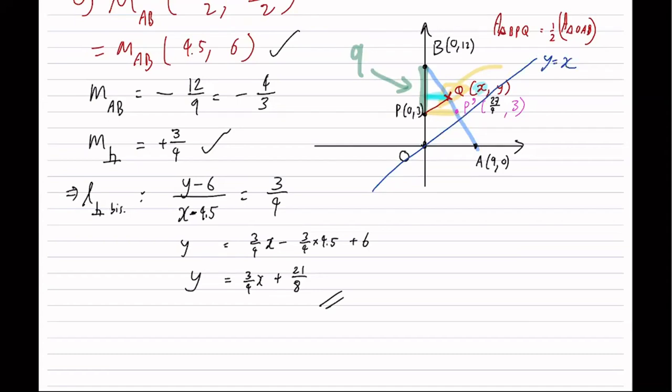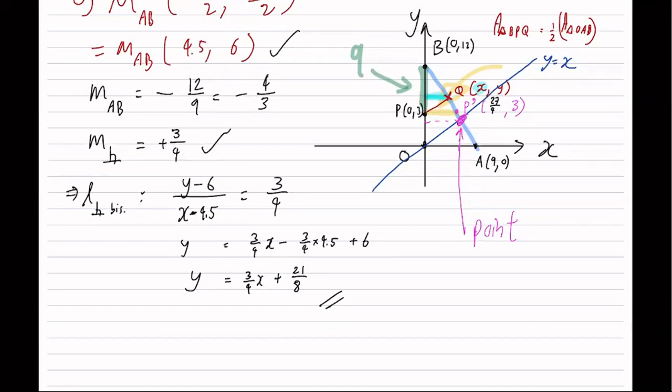And they tell you that this point sits on line AB as well. So this is really just indirectly telling you a simultaneous equation. Find the point of intersection between y equal to x and line AB. Then that point will be equidistant from the x and y axis.